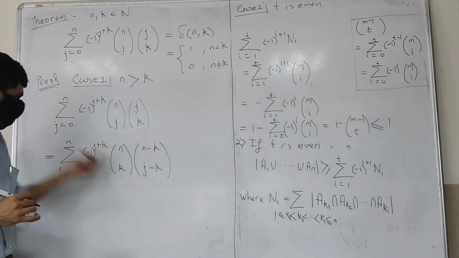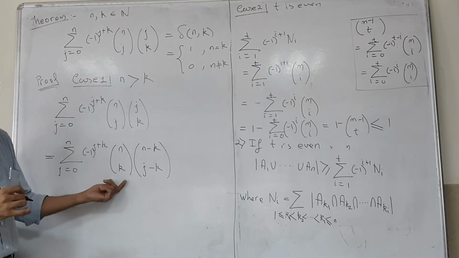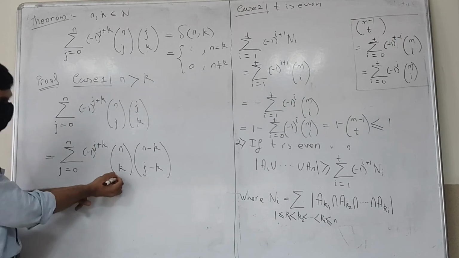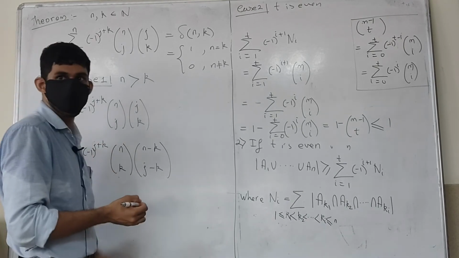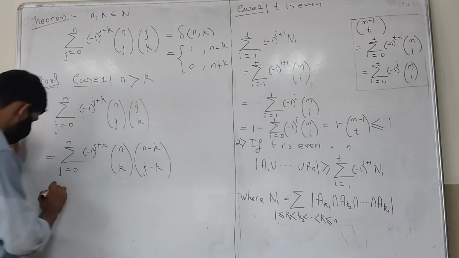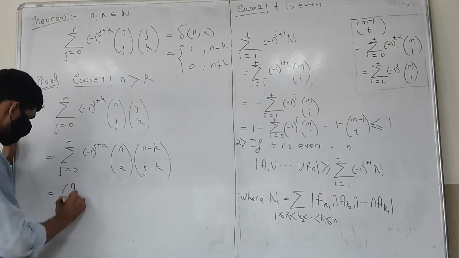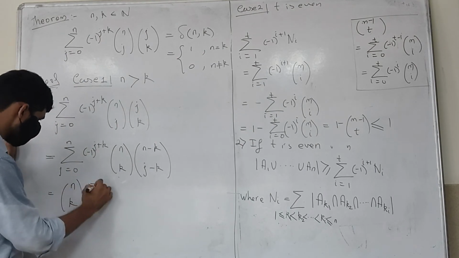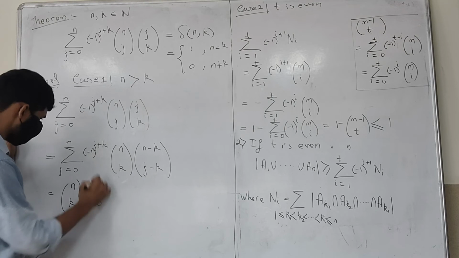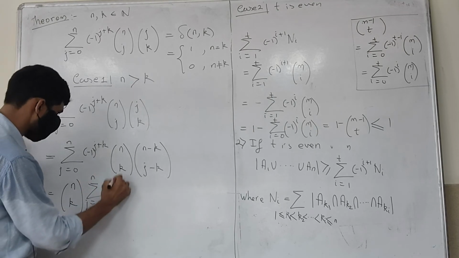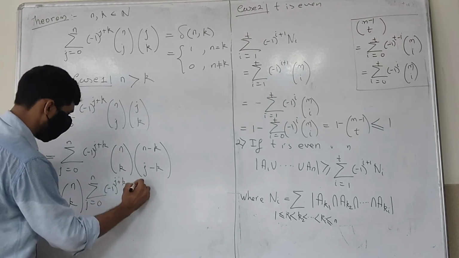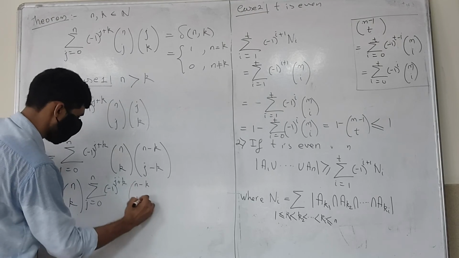You have taken out the dependence on j from one of them. This now has no dependence on j, so I can pull it out of the sum. So pull that out of the sum, you get nCk, summation j going from 0 to n, minus 1 raised to j plus k, n minus k choose j minus k.